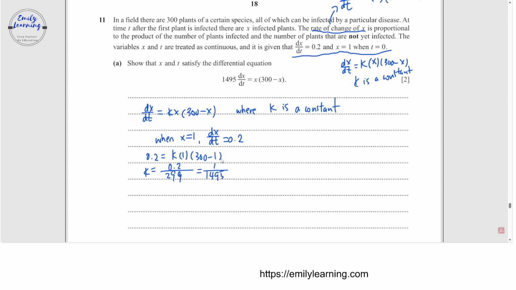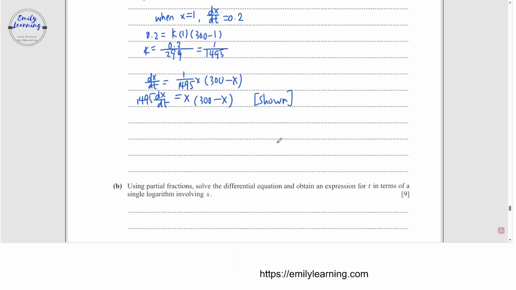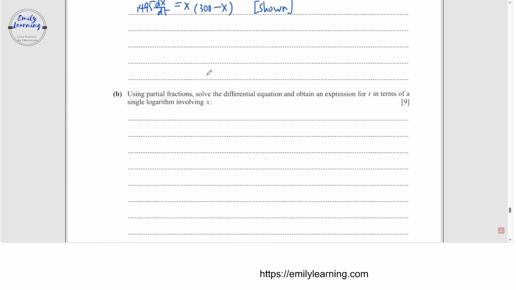Okay, so therefore I know that dx/dt equals 1 over 1495 times x times 300 minus x, which is the same as we write into this form, 1495 dx/dt equals x times 300 minus x. So this is shown. Okay, so next they ask us to use partial fractions, solve the differential equation, and obtain an expression for t in terms of a single logarithm involving x.